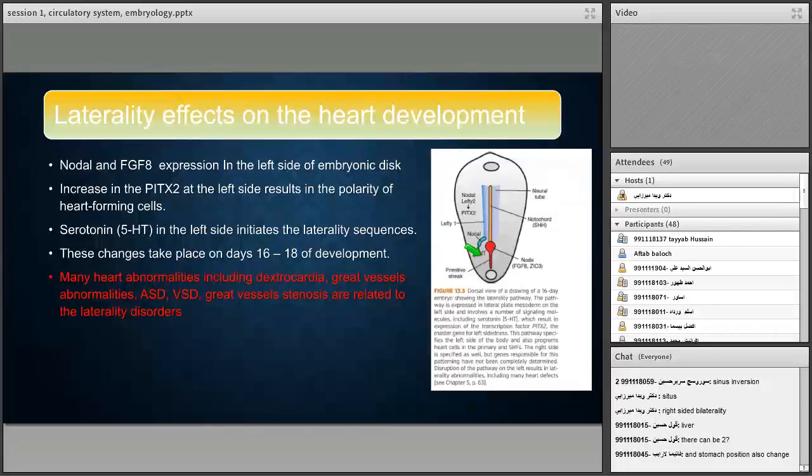So listen, the laterality conditions have many different forms. In dextrocardia, there is just the reversal of the position of the heart. In situs inversus, all of the organs have a reversed position. People with dextrocardia and situs inversus do not have any other clinical problems.